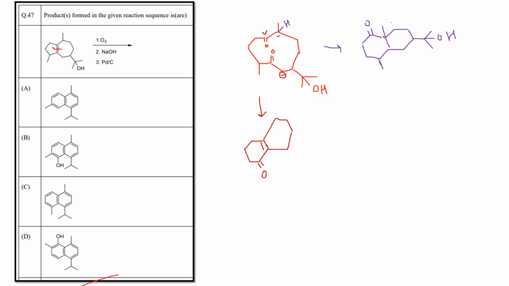There is a methyl here. There is a double methyl here also, and just beside that there is an OH. Now, if we add palladium charcoal, it will undergo aromatization.